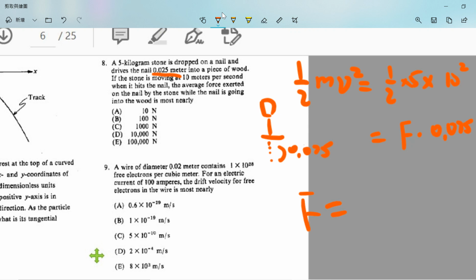So we can solve for F: this is 2.5 times 100 divided by 0.025. So the answer is in newtons, and we choose D.